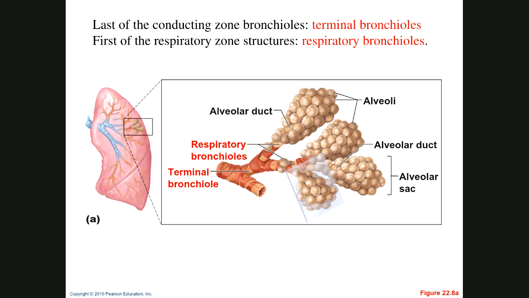The terminal bronchiole is where we're now going to go into the respiratory zone. The terminal bronchiole is going to divide into respiratory bronchioles, which lead into the alveolar ducts, which leads into the individual alveoli, which make up alveolar sacs. And that's it for the respiratory zone.